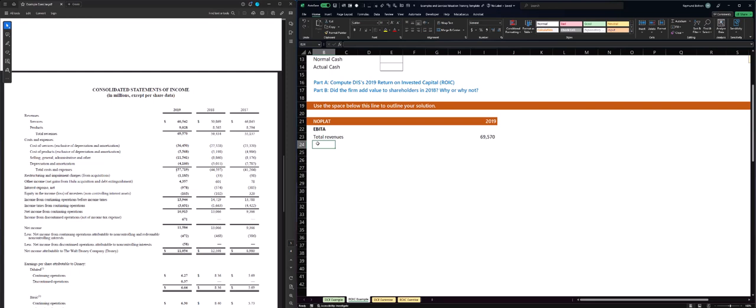Technically, you take all of them. Well, let's just take all of them for reference. Cost of services, costs of products, SG&A, DA, and then we can just copy paste.